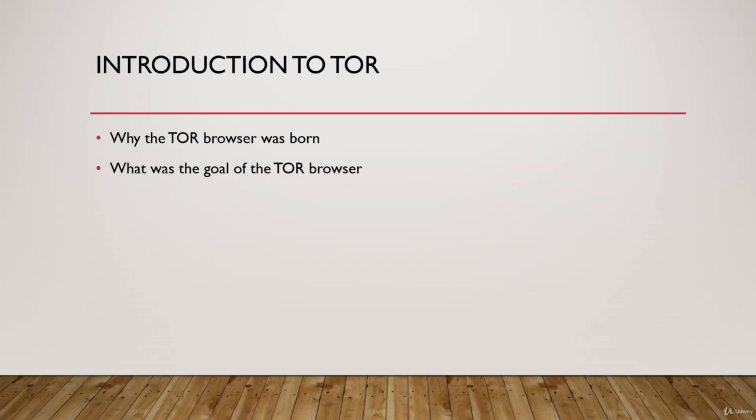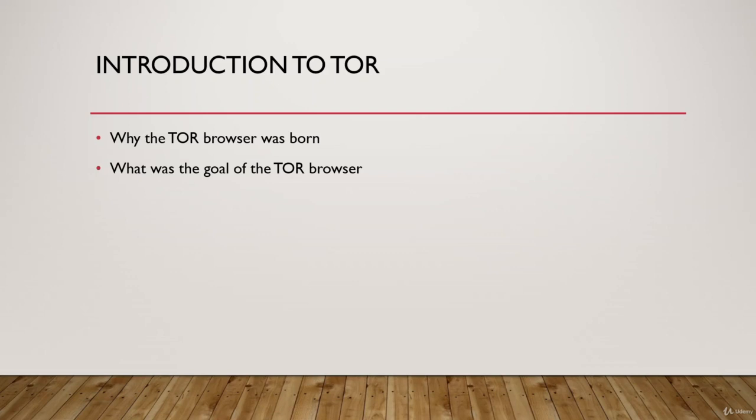Even with Tor, if someone wants to track you down, there are ways to track you down. But with other browsers, it's very simple to track someone down. This is why the Tor browser was born, really to help people stay anonymous online without having everyone know what they do exactly. So that's why the Tor browser exists.